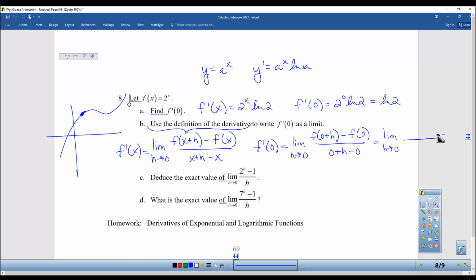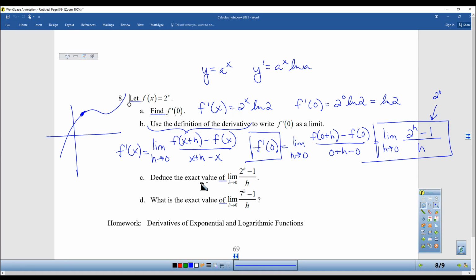And what is f of h? 2 to the h. What is f of 0? Well, anything to the 0 power is 1. So I got that from doing 2 to the 0, which is 1. And of course, the 0 and 0 cancel, and we get h. So this is equal to this.